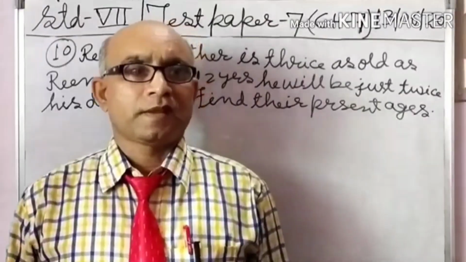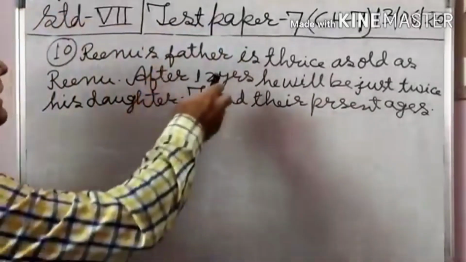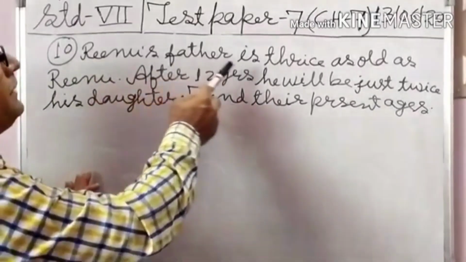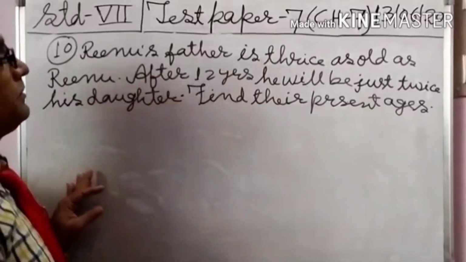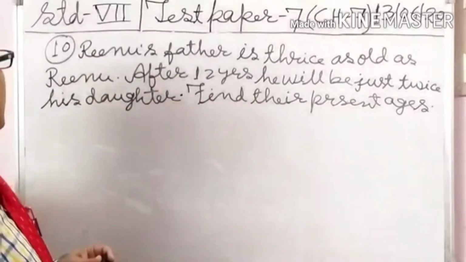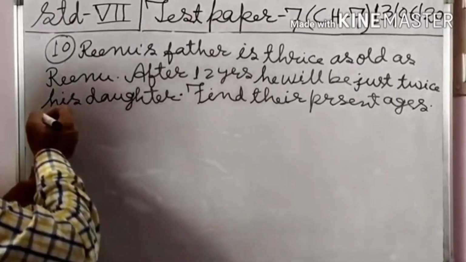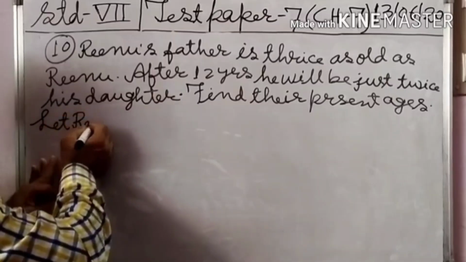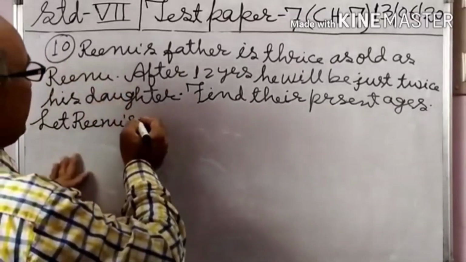Write it. Last question, question number 10. Renu's father is thrice as old as Renu. After 12 years, he will be just twice his daughter. Find their present ages.